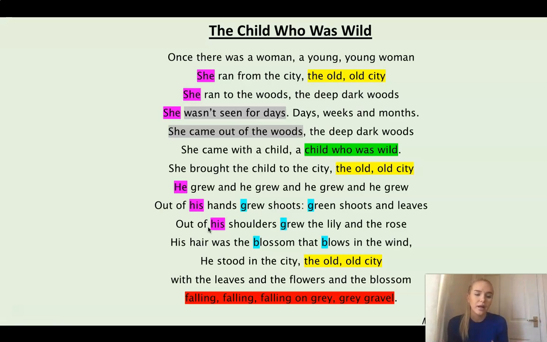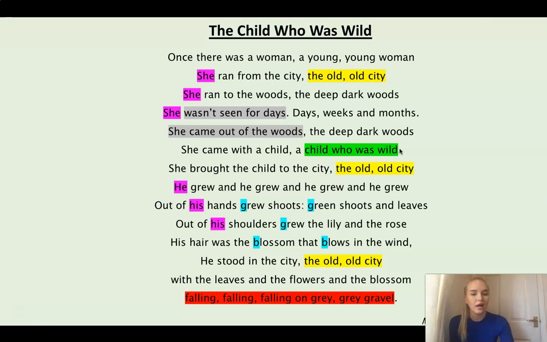Halfway through the poem they talk about someone completely different. The first half is all about the woman and the second half is all about the child, the boy, and I really like how the poet has used that to split the poem into sections.